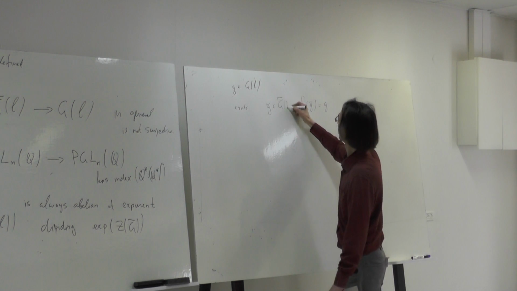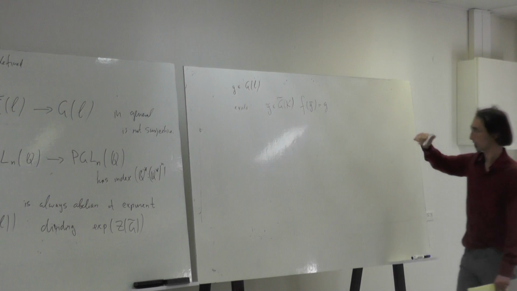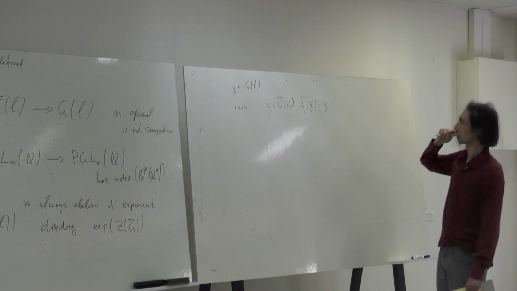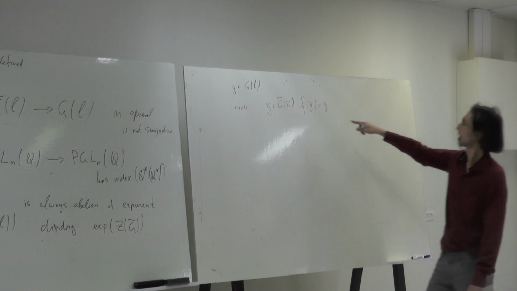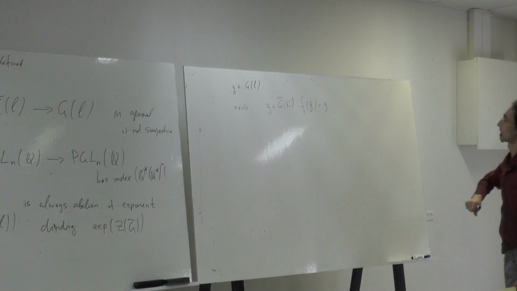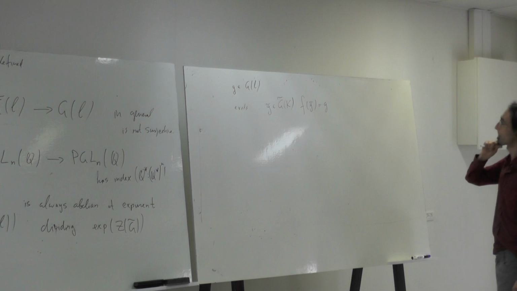But the surjection happened over the algebraic closure, so there exists a preimage which is over the algebraic closure.